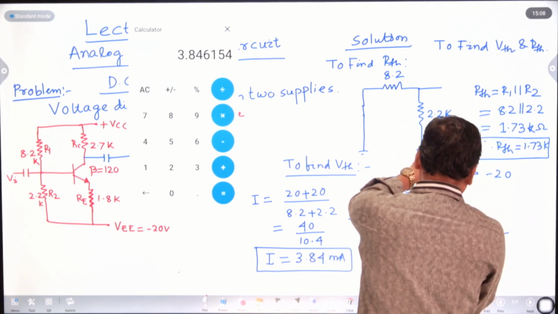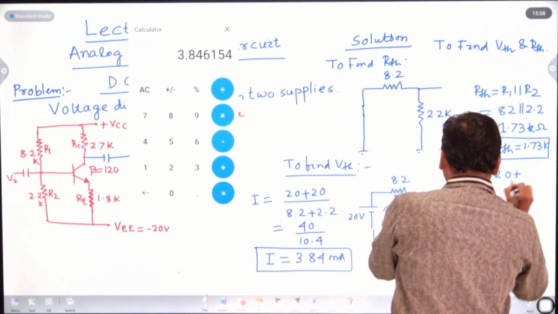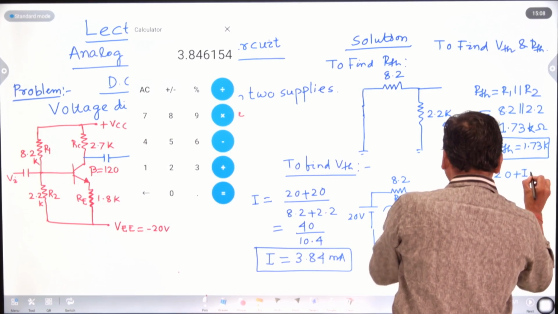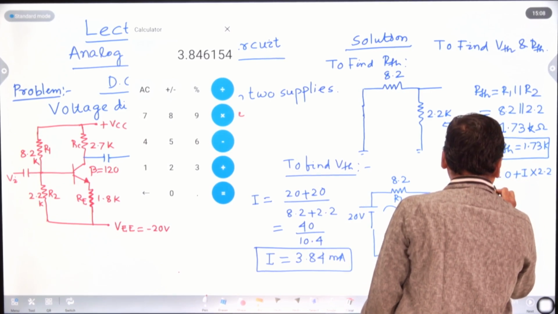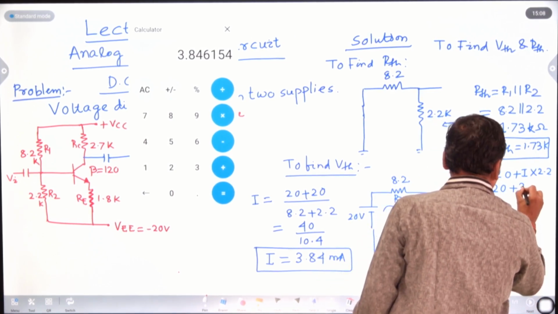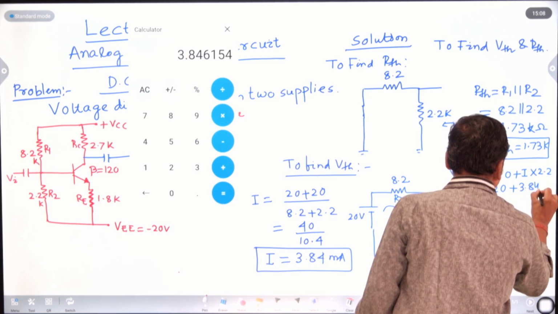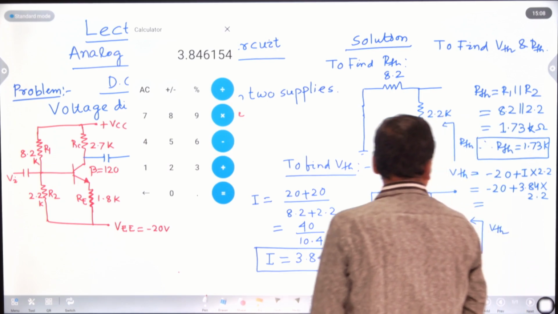So VTH value is how much? Plus to minus minus 20, minus to plus plus current. Current is nothing but I into 2.2. And the value is what? Minus 20 plus current, which is 3.84 into 2.2.